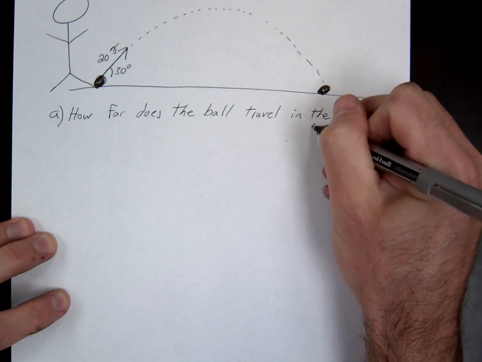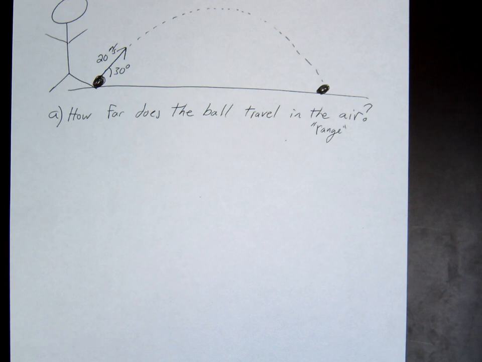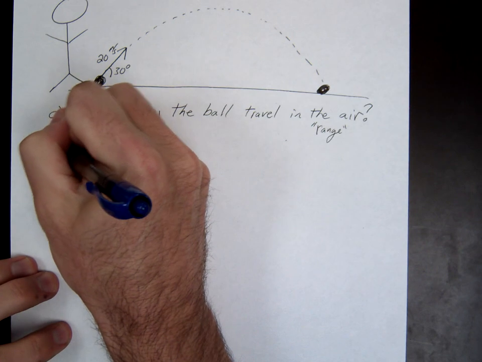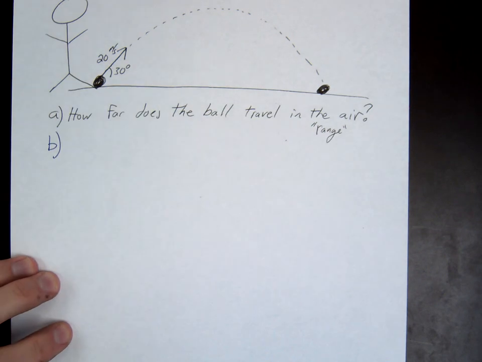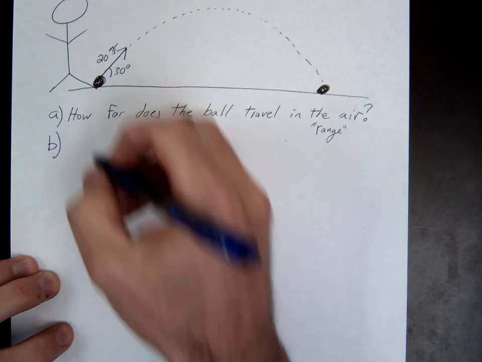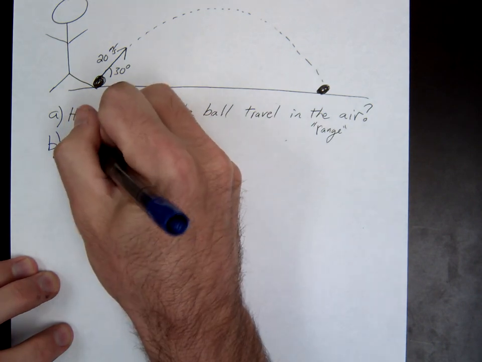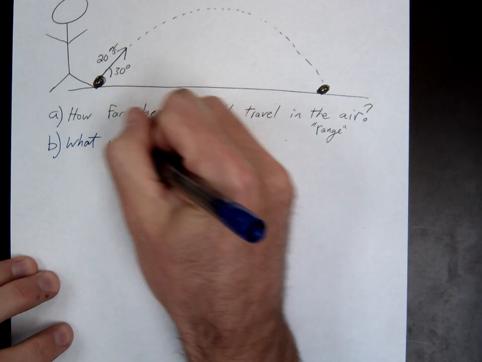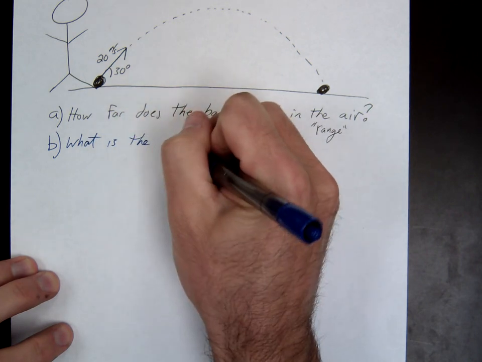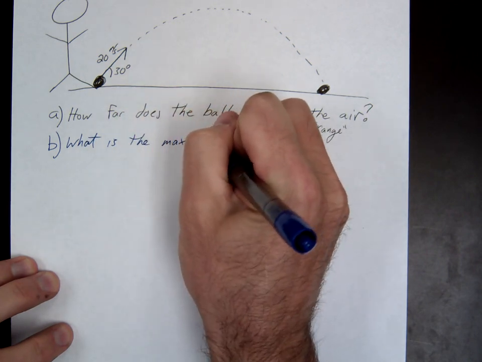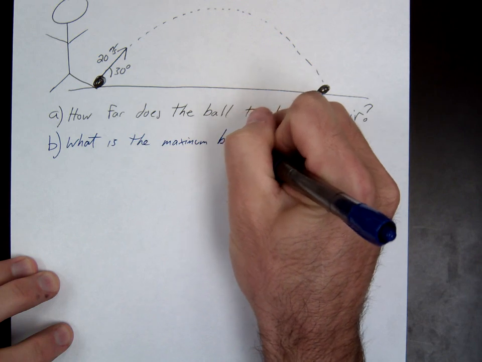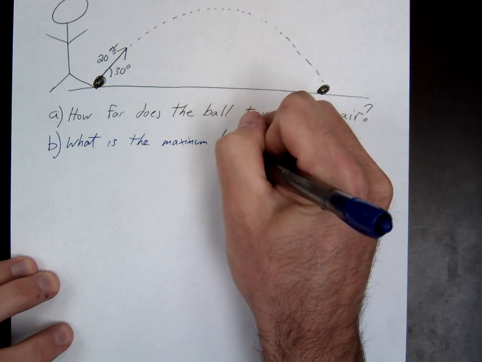So if you see a question that says, what is the range? That's what they're asking for. And letter B, why don't we say, what's the maximum height that the ball reaches, the highest point? Height.